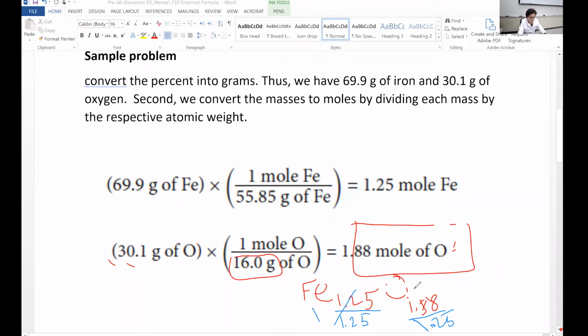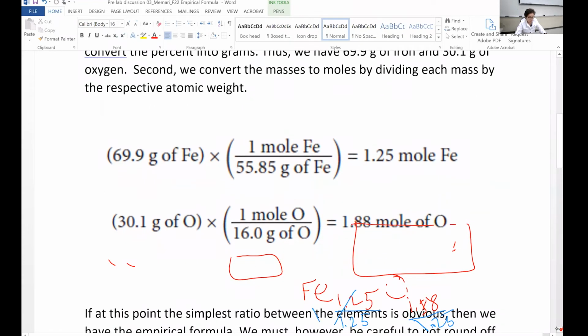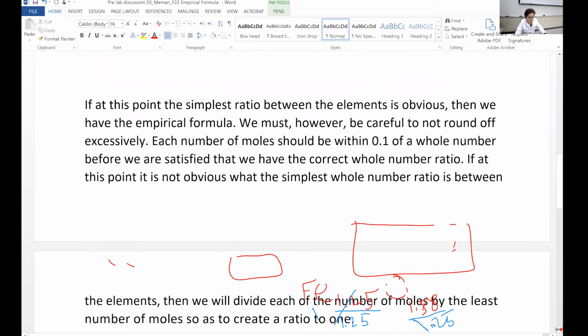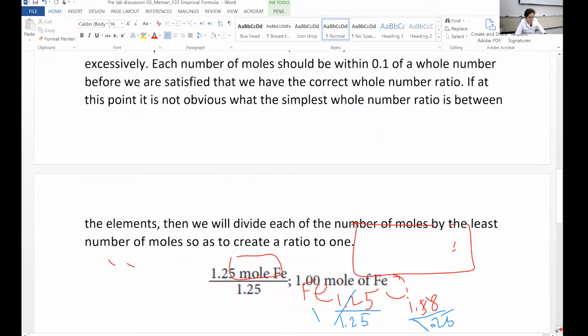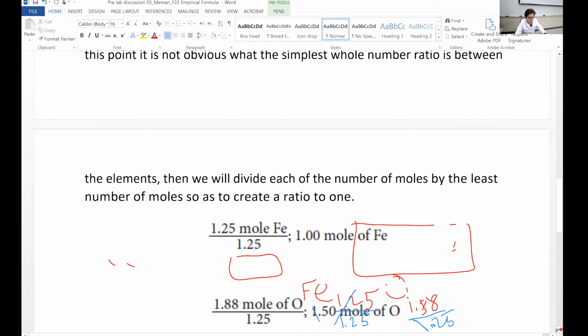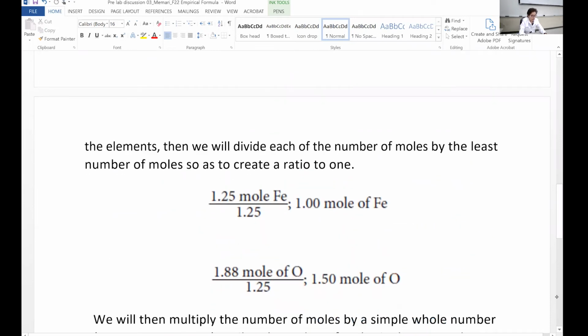And 1.88 divided by 1.25 is going to be 1.5. So I show you here, we have the moles of iron is 1 and moles of oxygen is 1.5. So we have Fe1 and O1.5.